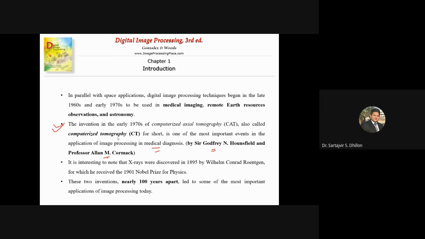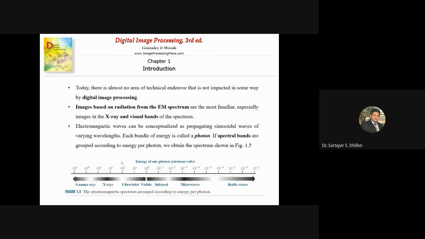And these two inventions, the CT scan and the X-ray, nearly 100 years apart, led to some of the most important applications of image processing today. These two are the main applications which have been used for medical diagnosis.